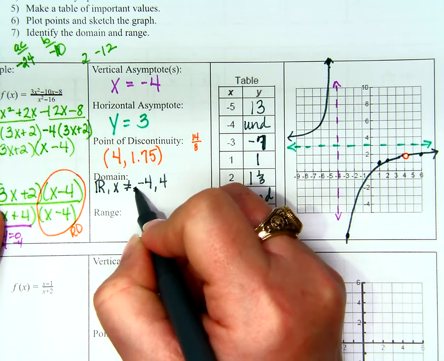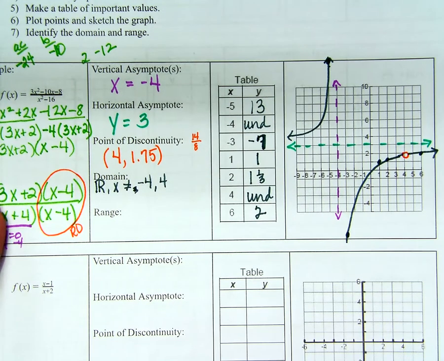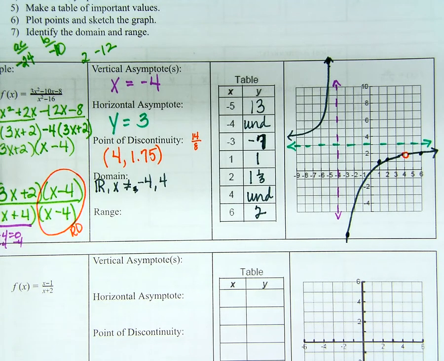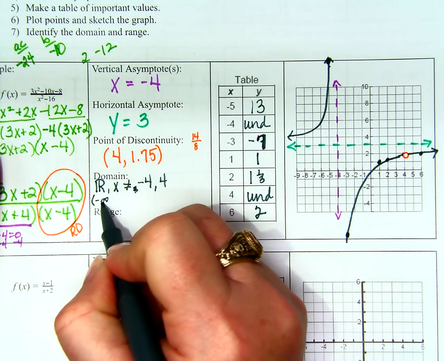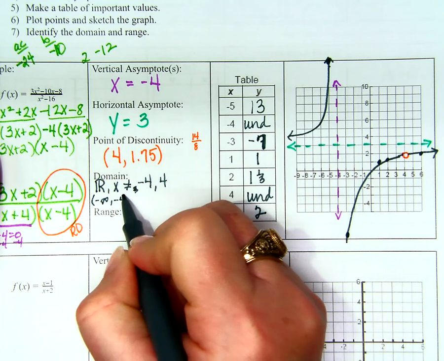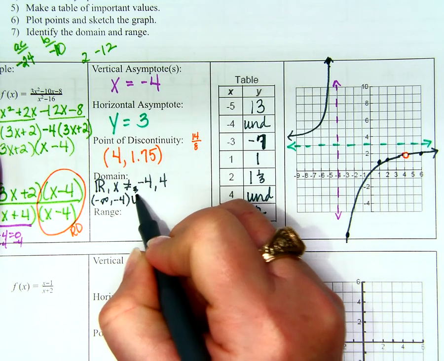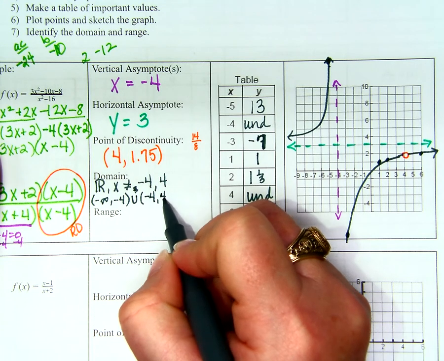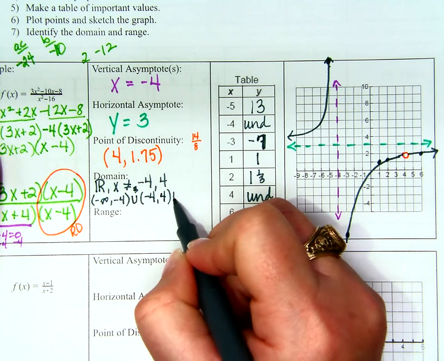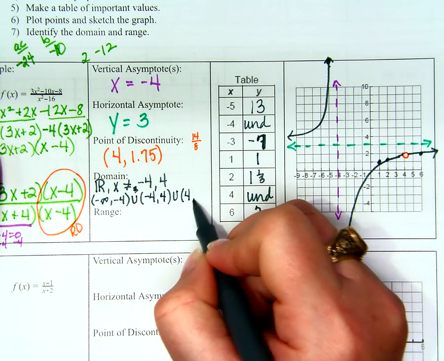How do I write it in interval notation? From negative infinity to -4, union -4 to +4. Nope, that's right. And then again from 4 to infinity.